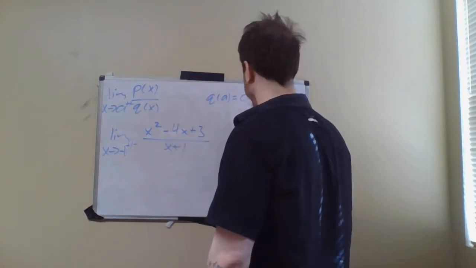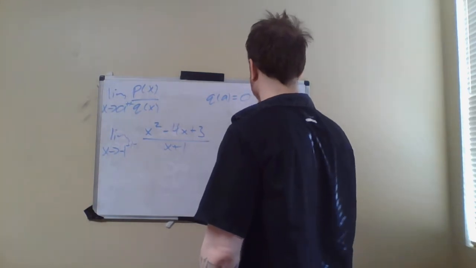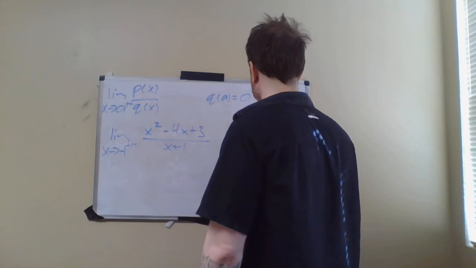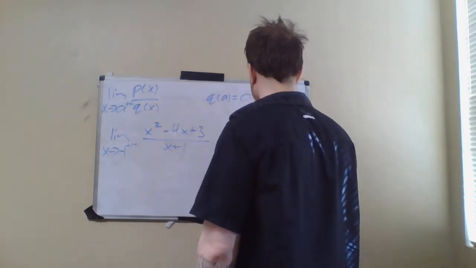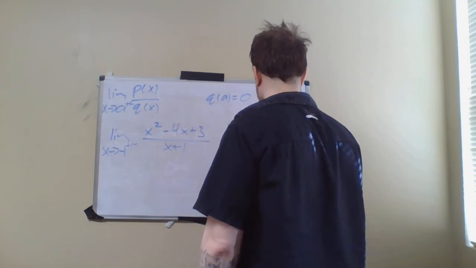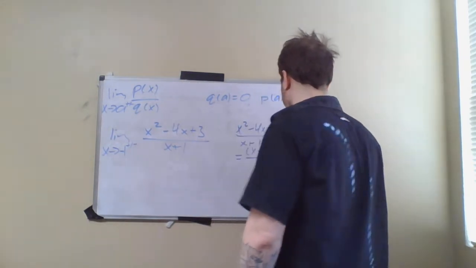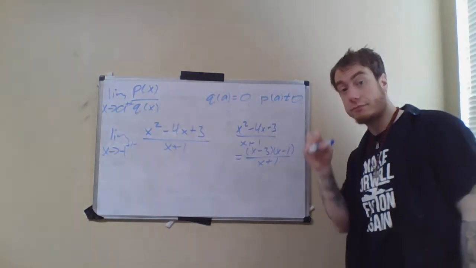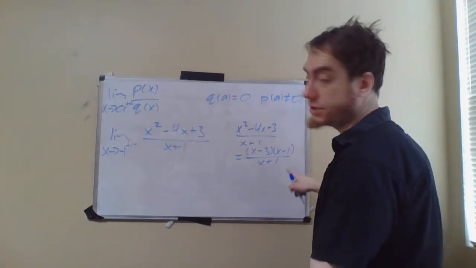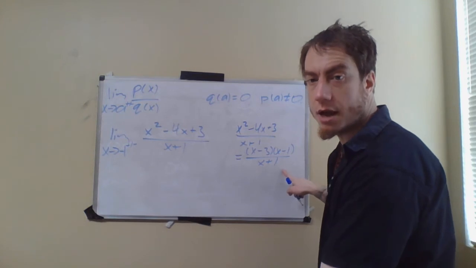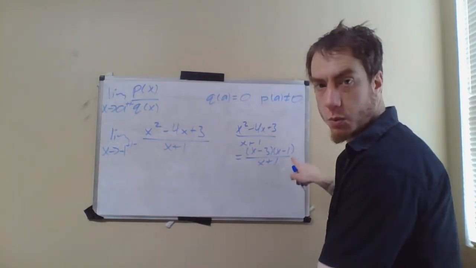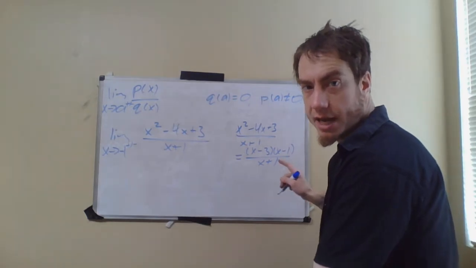In fact, x squared minus 4x plus 3 over x plus 1 is equal to x minus 3 times x minus 1 divided by x plus 1. So it is going to have a non-zero over 0 going on when I plug in x equals negative 1. Then the question is, where is this function positive and where is it negative?